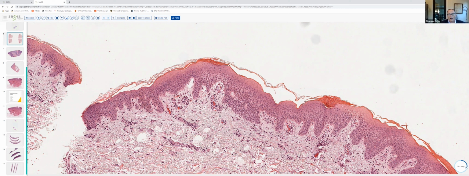So again, the top two items when we see a very focal spongiotic dermatitis like this tend to be pityriasis rosea and EAC, and possibly a spongiotic drug eruption. But once again, correlation with clinical findings is recommended.